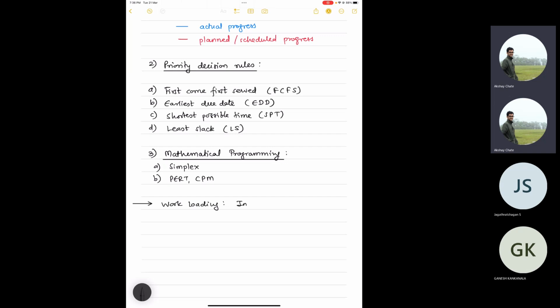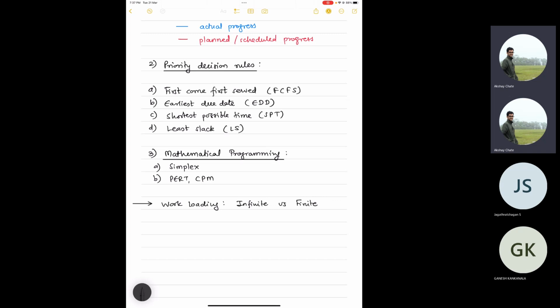There are two types: infinite versus finite. As the name suggests, in the infinite workloading case, you usually don't care about the maximum capacity of the machine. For example, if you have a machine which can produce 100 units in 1 hour, which is a rated capacity, you don't consider this number while scheduling the orders to be manufactured on this machine.